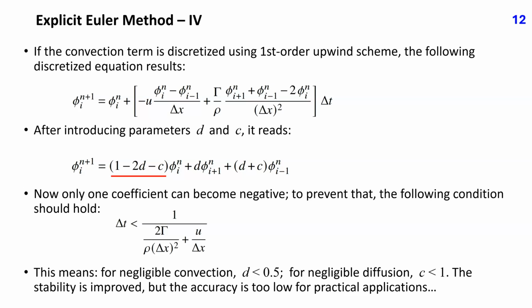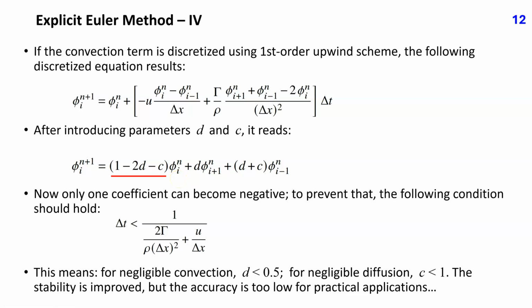Let us see what happens if the convection term is discretized using the first-order upwind scheme. In this case, the following discretized equation results. After introducing parameters d and c, the equation reduces to this form. Now only one coefficient multiplying values from the previous time step, underlined with a red line here, can become negative.